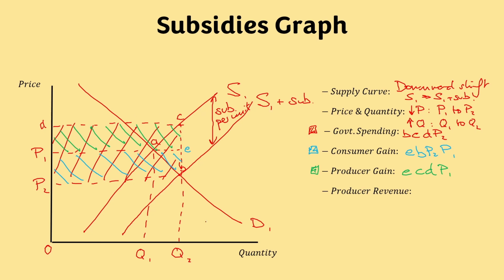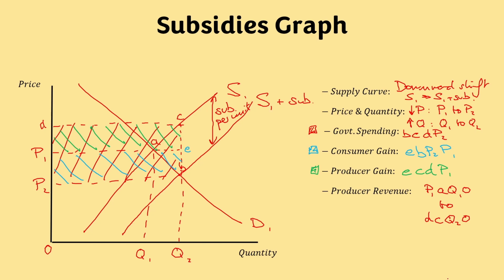It's this massive box. So producer revenue goes from P1, A, Q1, 0 to D, C, Q2, 0. So as you can see, there is a great benefit for producers, okay?